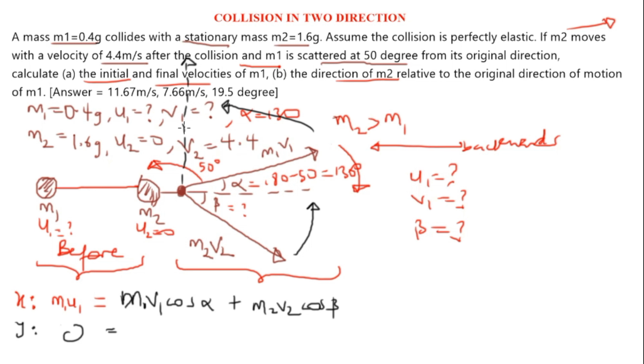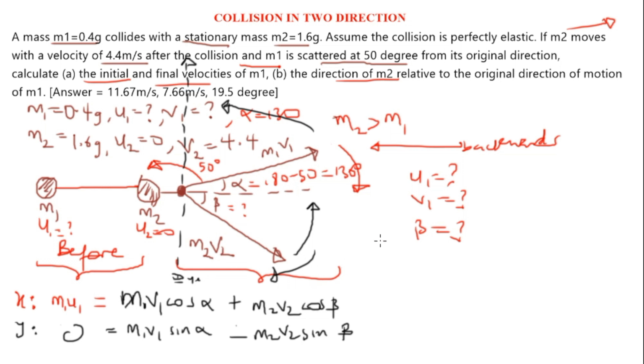If I resolve it to that normal and it's positive, I will have m1 v1 sine alpha. Then if I resolve this to this place, and don't forget this is the negative y-axis, I will have minus m2 v2 sine beta.